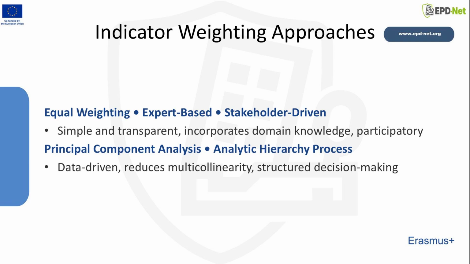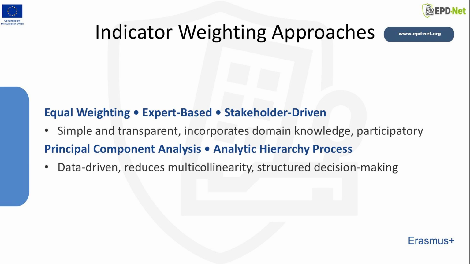Assigning weights to vulnerability indicators reflects value judgments about the relative importance of vulnerability dimensions. Equal weighting assigns identical importance to all indicators, offering simplicity and transparency but potentially overlooking differential indicator significance in contributing to overall vulnerability.